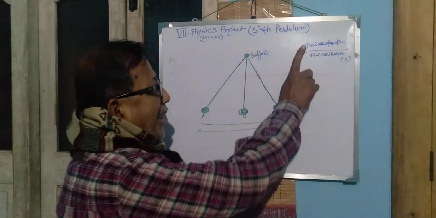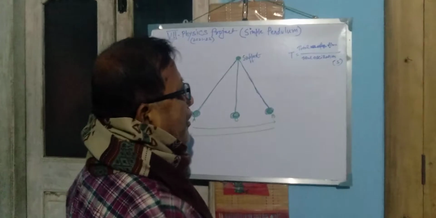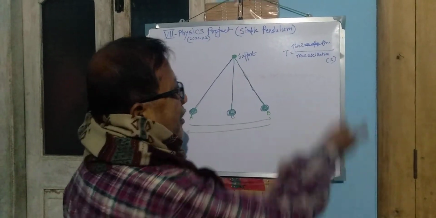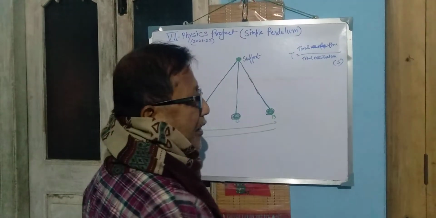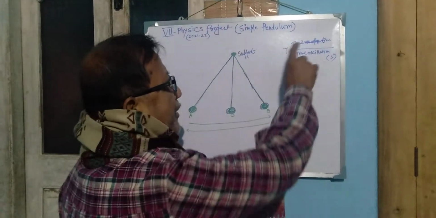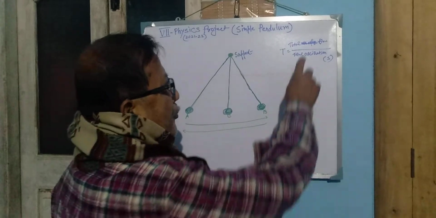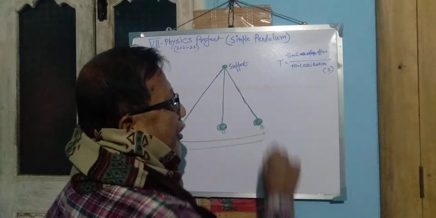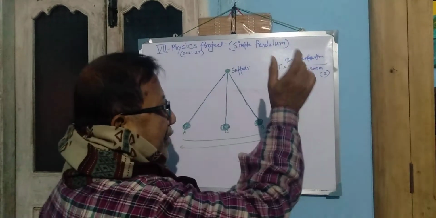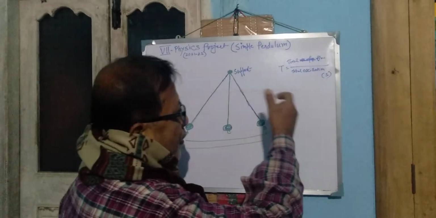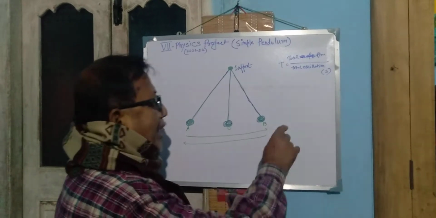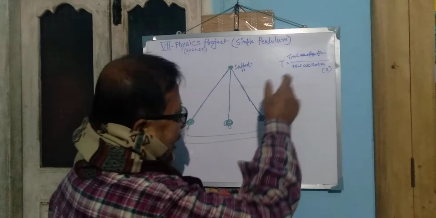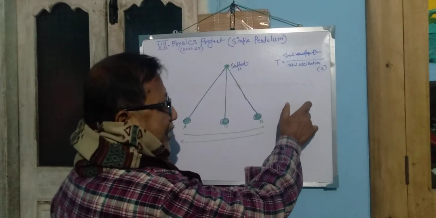Now to calculate the time period, we take the total time taken for 10 oscillations divided by the total oscillations. Say for example, it has taken 5 seconds. So 5 seconds divided by 10. So what is the time? 0.5 second. So that is one observation. In the same way, the second time, again you will count 10 oscillations and find the time, and find out the second time period.